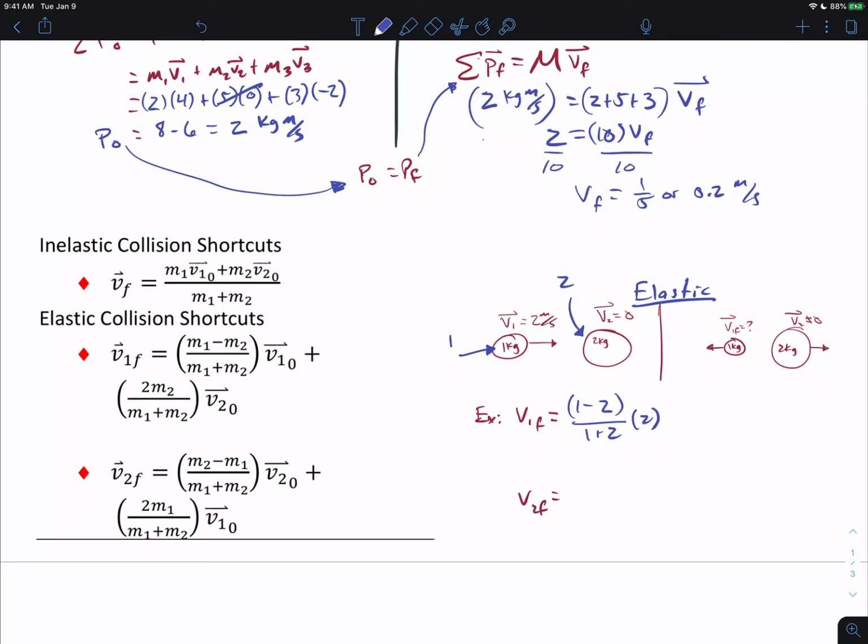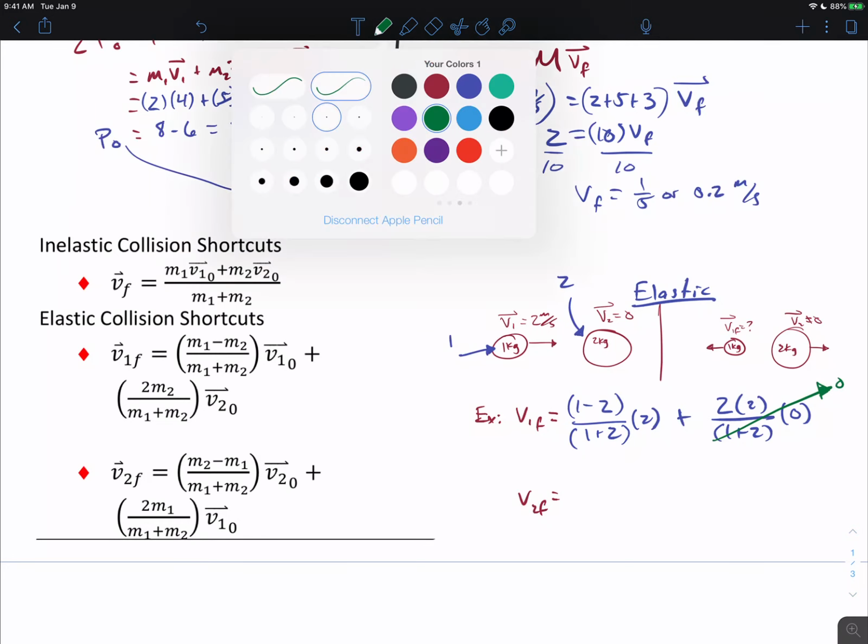And then we're going to do plus 2 times mass 2 over 1 plus 2 times my initial velocity of 2, which was 0. This is really nice, because we can already see that term is going to become 0.